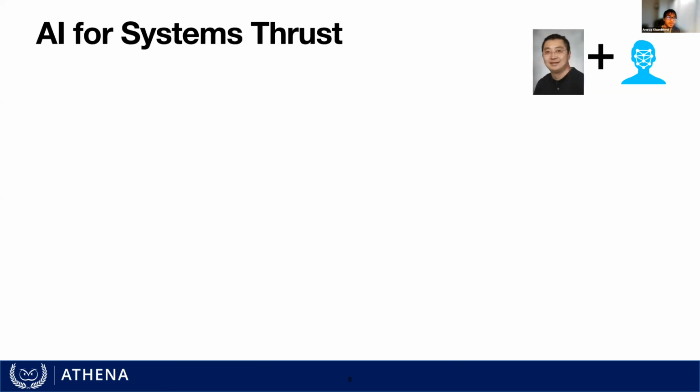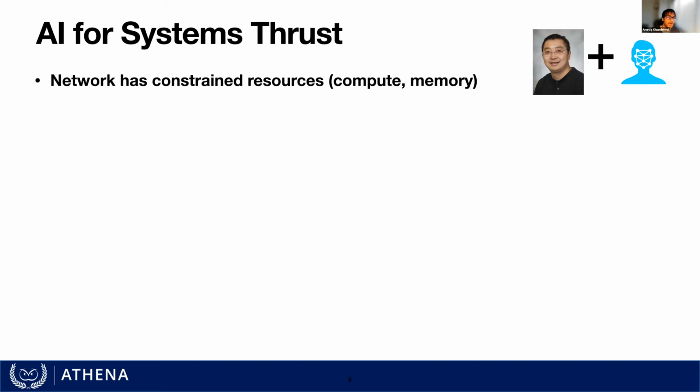So the second subthrust is AI for systems. And this is again in collaboration with Lynn and hopefully some of our fantastic AI collaborators. The main observation in our setting is that even though the network seems like a wonderful place to put all of the management logic and functionality, the network is particularly constrained in terms of resources, A, because it is a central point, and B, because today's programmable switches have a very limited amount of resources, a few megabytes of memory and compute units, right?